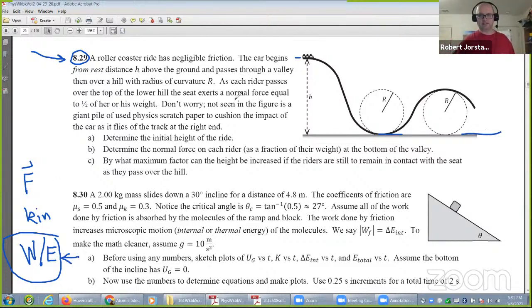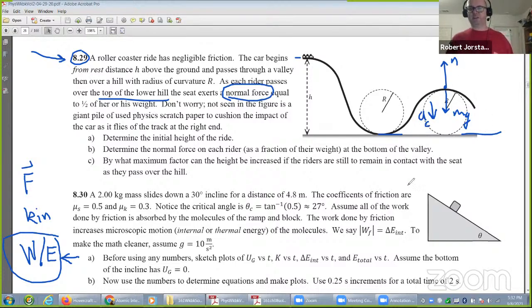However, read this. The problem says something about the normal force over the top of the lower hill. So it's talking about normal force right here. That's what says to do an FBD. And then obviously it's accelerating towards the center of the circle. Otherwise it wouldn't be moving in circular motion there.